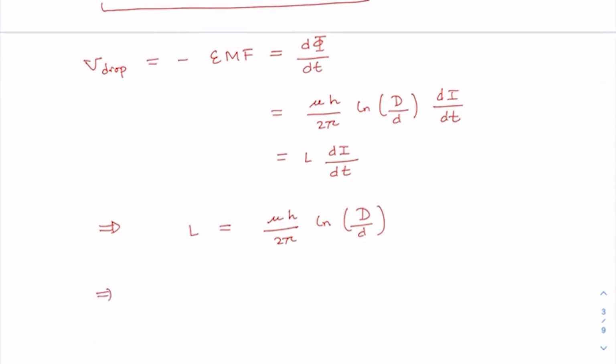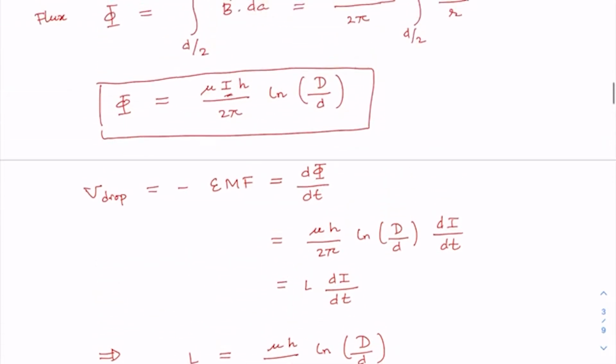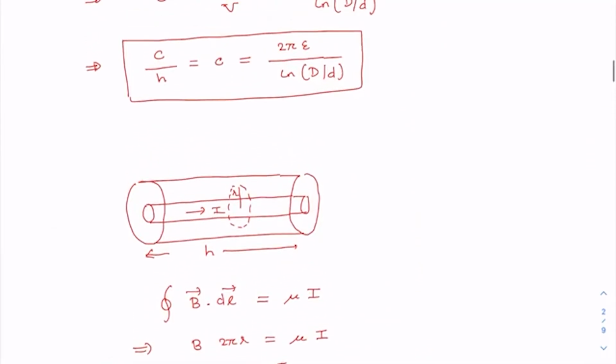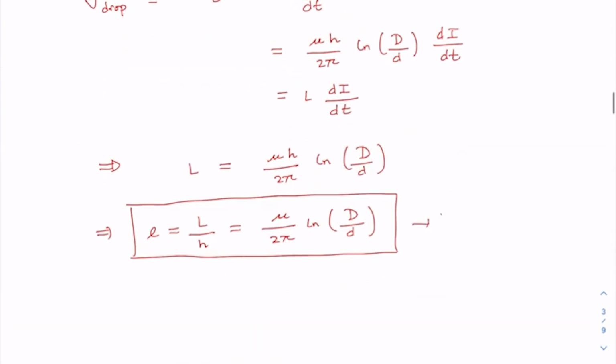And what about the inductance per unit length? That would be L by h, equal to mu by 2 pi logarithm of capital D by small d. So this is the inductance. So we have both the inductance and the capacitance per unit length worked out. This is equation 1, and we have this equation 2.